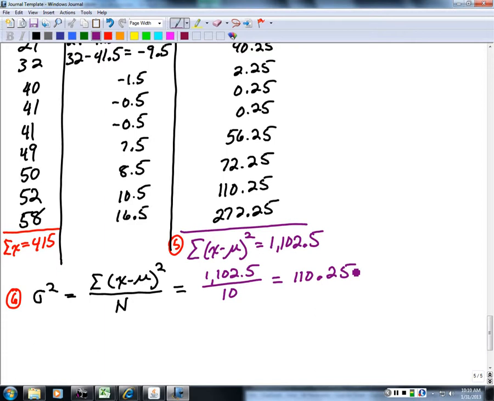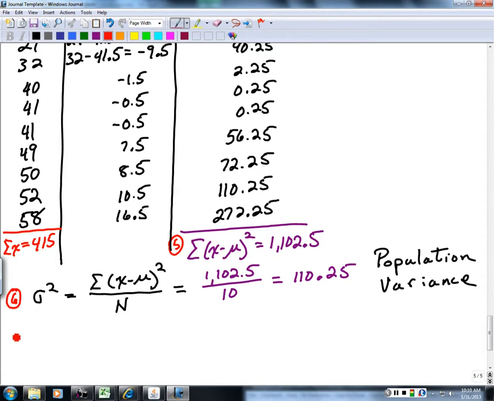What I want to do is find the standard deviation now. So, as I said, this is the population variance. Okay.